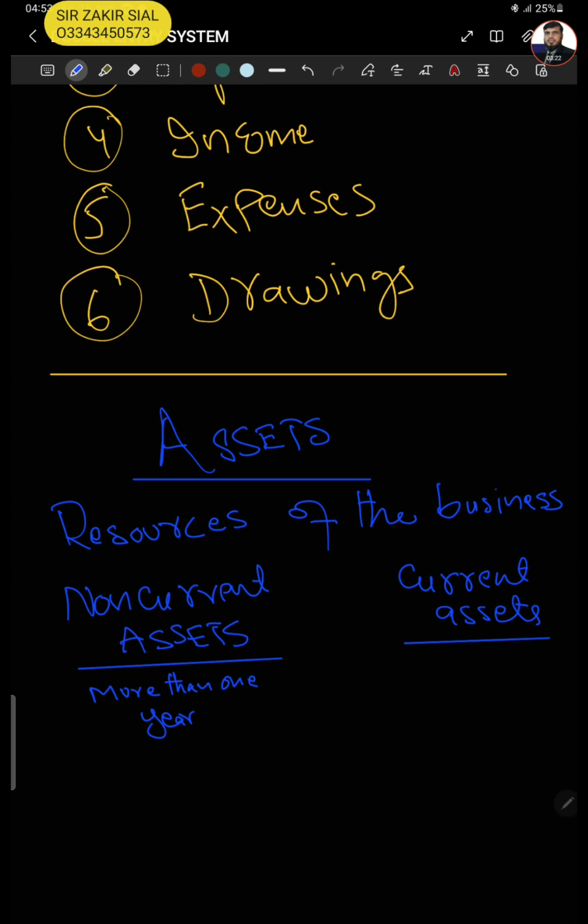We are getting economic benefit for more than 1 year, and current assets are day to day running business working capital.